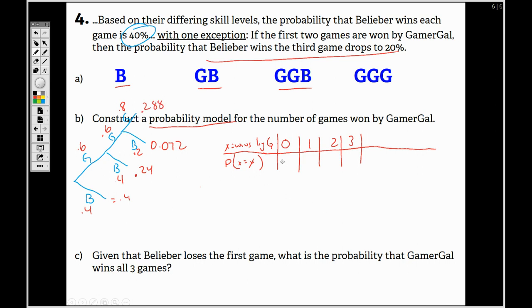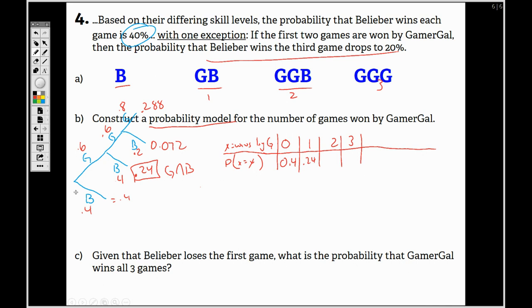We got 0 wins, that's 0.4. 1 win by Gamer Girl would be if this outcome happened, right? This right here is G and B. So to get 1 win is this. 1 win, 2 wins, 3 wins. And we're just looking down the list. That is 0.24.